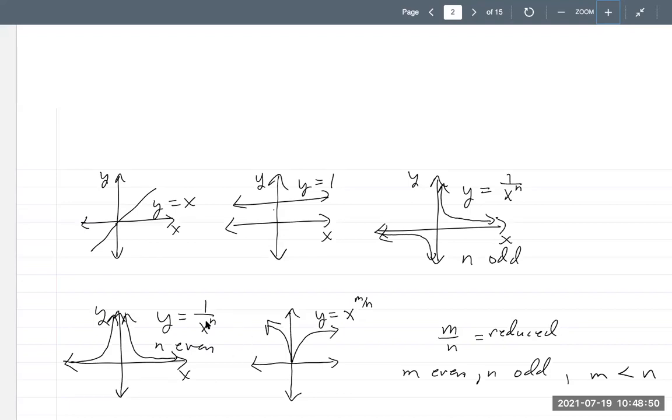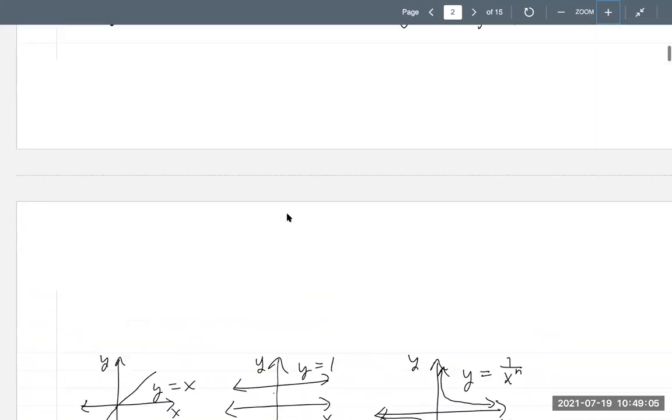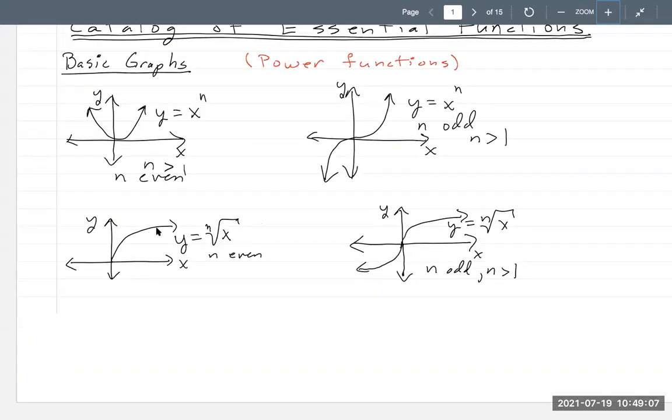The graph of y equaling x to the m over n, where m over n is some fraction, looks sort of like somewhere between these guys and these.